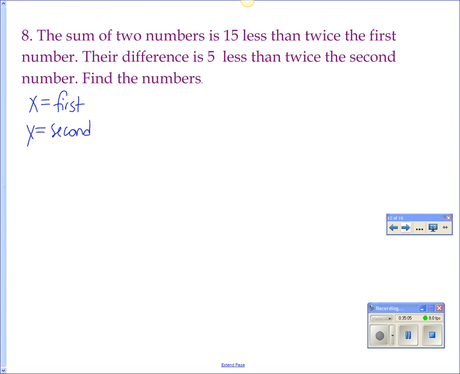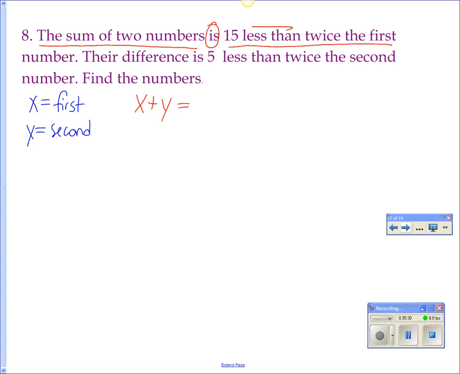The first thing I read, the sum of the 2 numbers. So I'll write that X plus Y. So far, so good. Then I see this word is, so that's come back up to haunt us. What does is mean? Equals. 15 less than twice the first. Here we go.